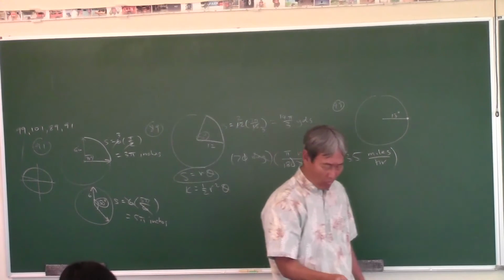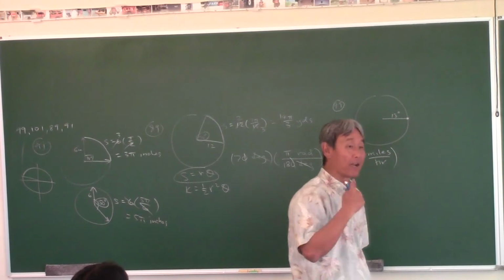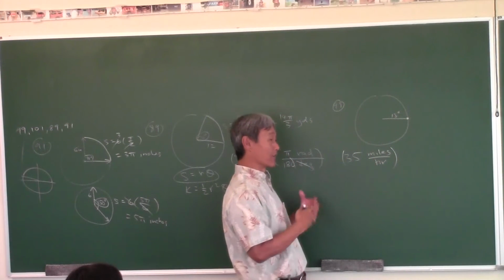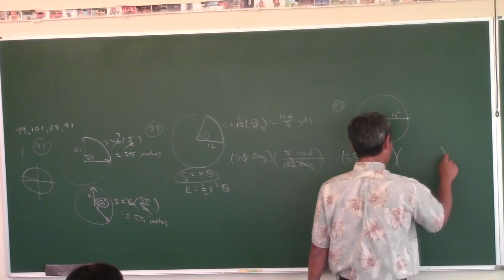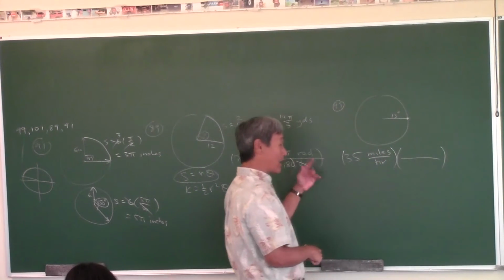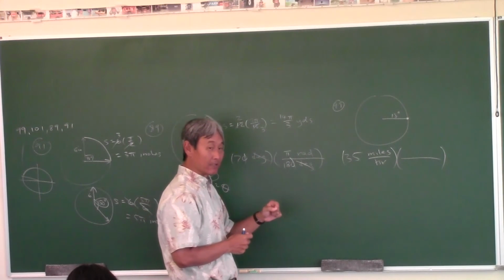But they want to know how many revolutions per minute the tire is making. So what we're going to do is convert this into revolutions per minute. This is a good exercise for SAT. Okay, so change miles per hour into revolutions per minute.